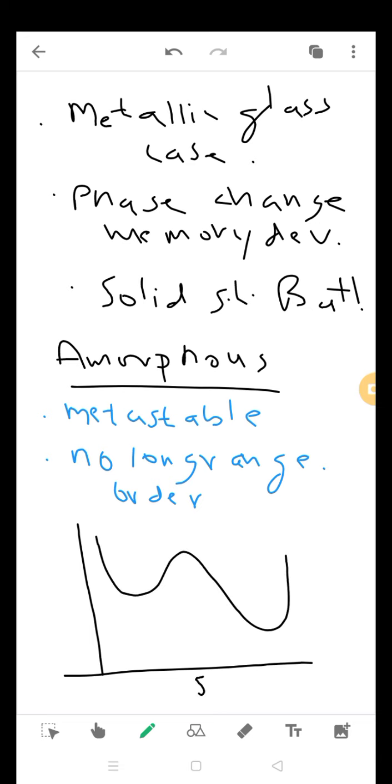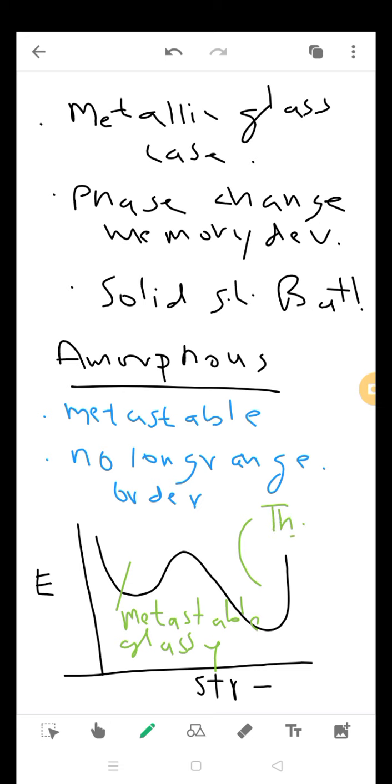If we plot the structure with the energy, this state is the metastable glassy state, and this is the thermodynamically stable crystalline phase.